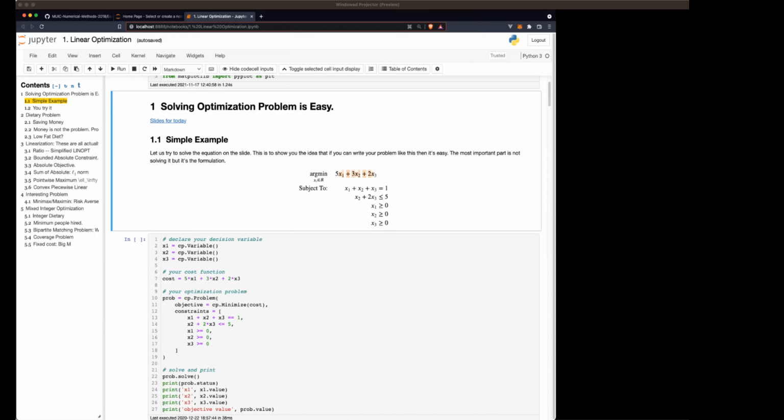Then I'm just gonna get the number as large as possible. Wait, we want to minimize, not maximize. Sorry. Argmin means finding the argument that makes it minimum. Okay, so that means your job is to find x1, x2, and x3 that make this guy minimum.